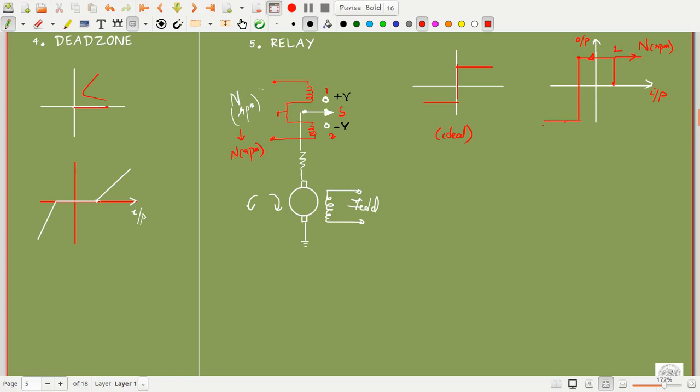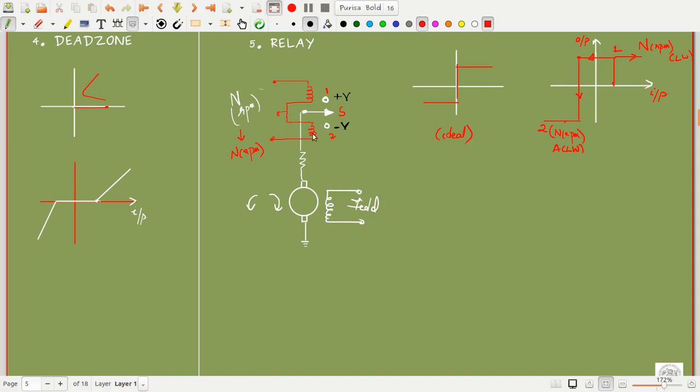Once it switches to position 2, it runs at n rpm in the anti-clockwise direction. Here it is in the clockwise direction. Now once it switches here, again I am trying to give n rpm in the clockwise direction.